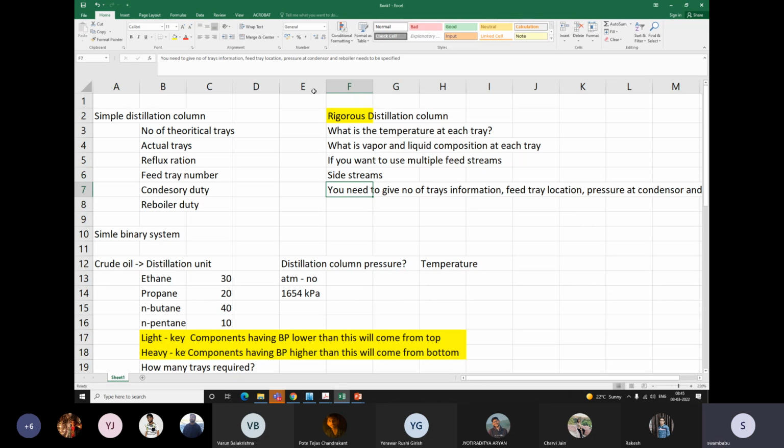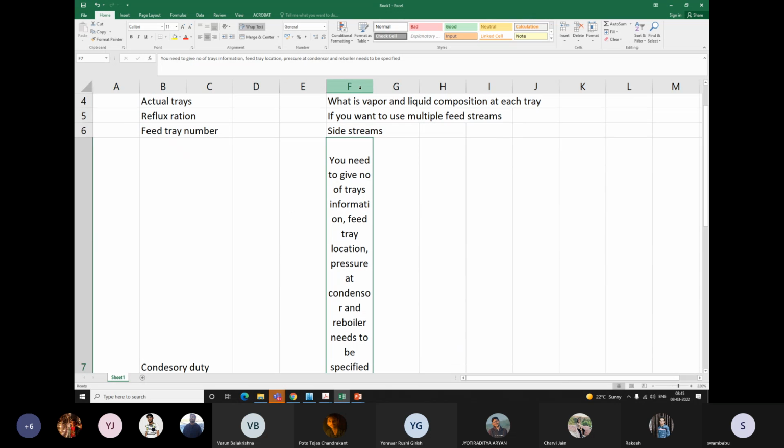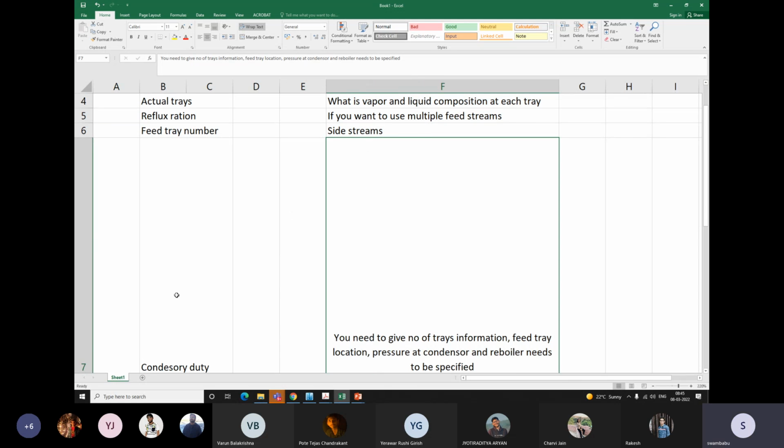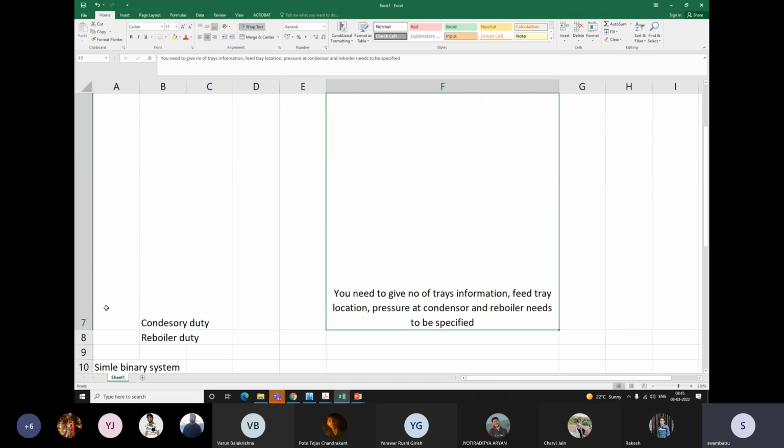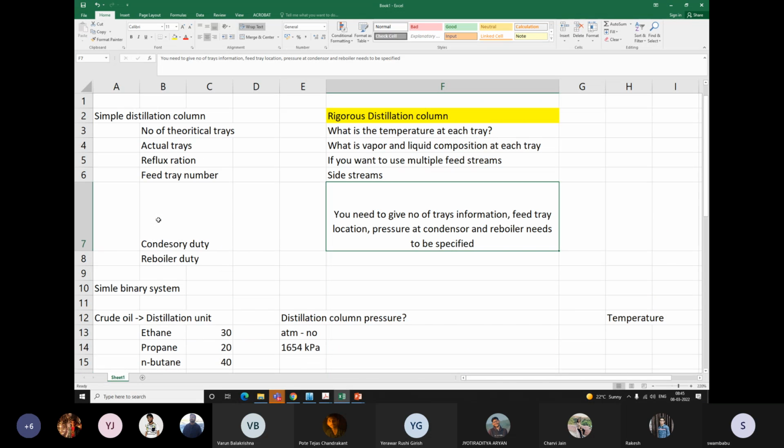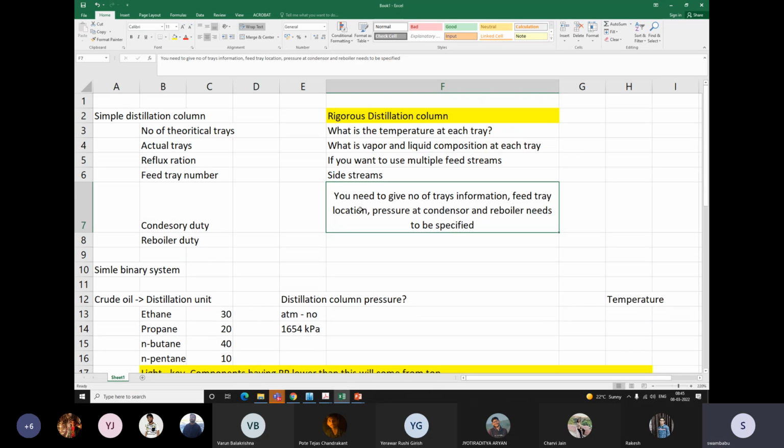If you want to use the rigorous distillation column, you need to provide the number of trays information and the feed tray location.